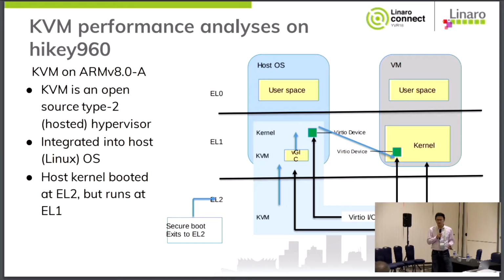It will create a CPU thread to run the guest OS and enable stage 2 translation, and then jump into the guest OS. The right side is the guest OS. And the paravirtualization driver in the guest OS will co-work with the backend driver in the host OS to do the device I/O emulation.